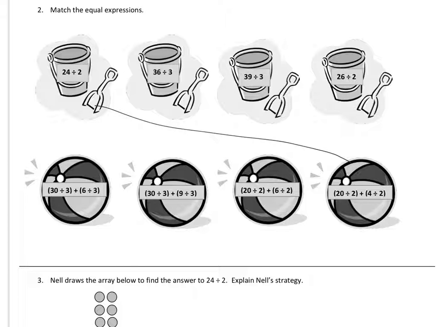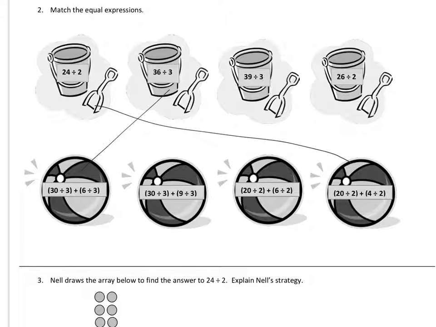I need to find 36. I don't need to look at my 3's anymore because I know that I've already matched those. So now I'm just looking at my totals. 36. Well, let's look at the other one just to make sure. 39. So I'm matching my first beach ball with my second pail.